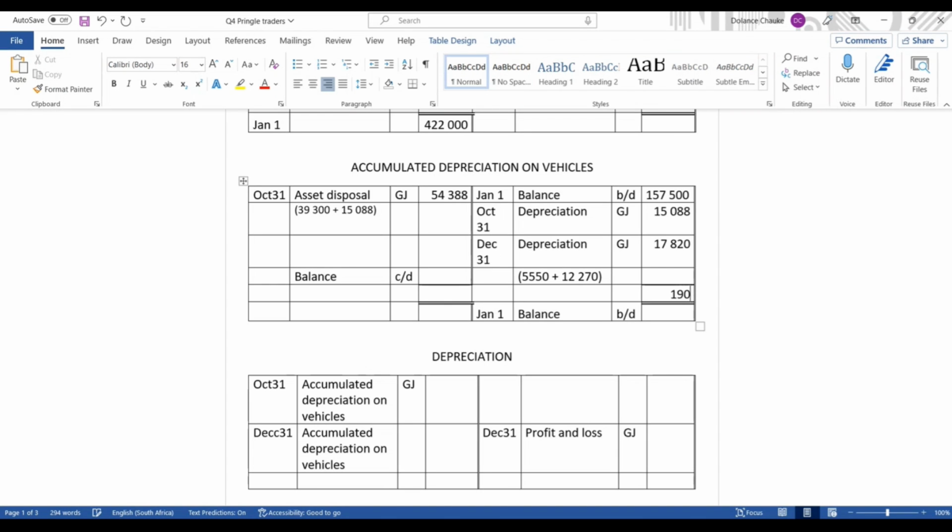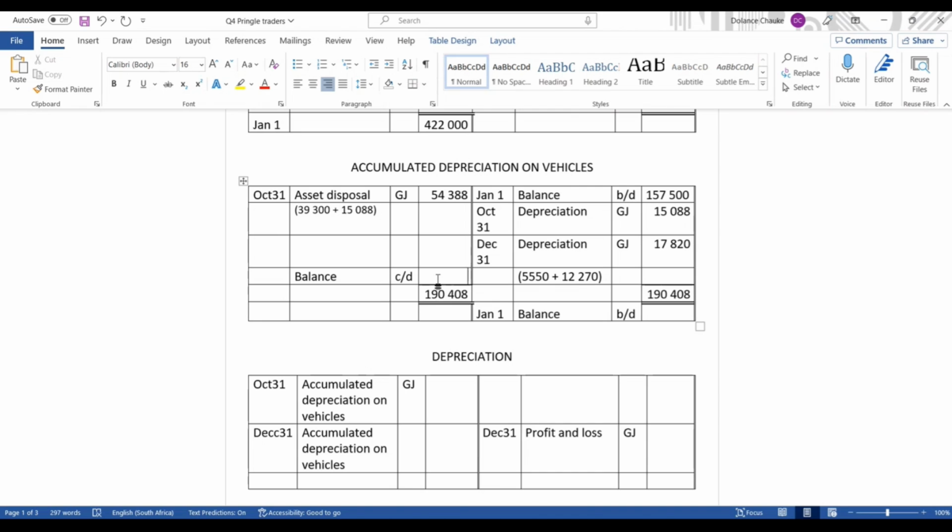You said it's 190,408. And then even on this side, you're going to bring 190,408. And then you're going to say 190,408 minus this one, and then you'll get the balance carried down. How much? 190,408 minus 54,388 is how much?